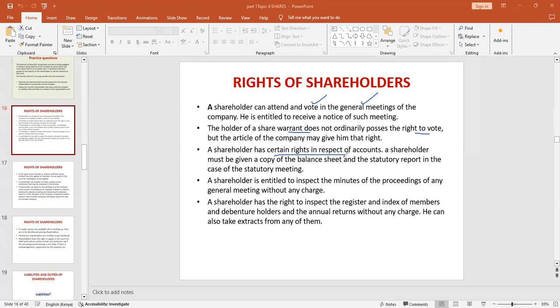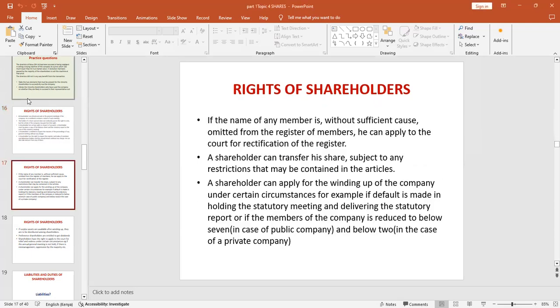Most of the time, you're going to have the right to access financial statements. You have the right to inspect meetings. You have the right to inspect registers, all the registers, okay? So be it the register of members, index of members, debenture holders, and things of that nature. So as a shareholder, because remember, you own part of the company, most of these will depend on what the company says, okay?